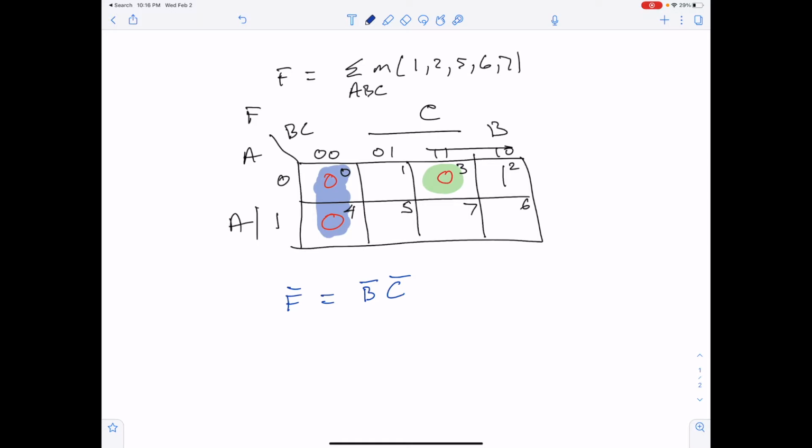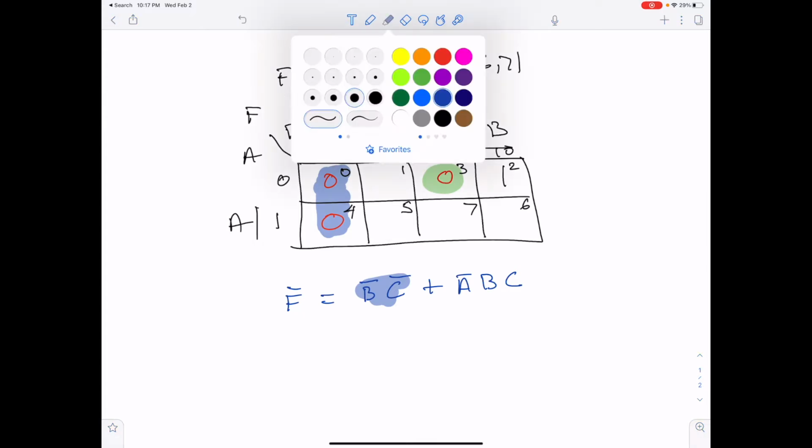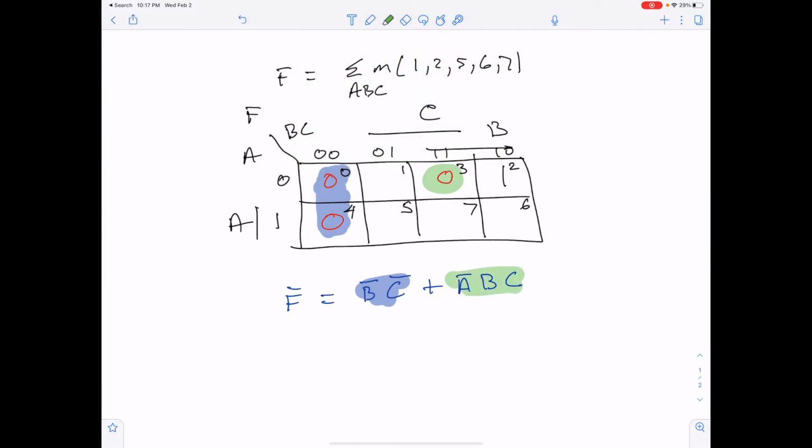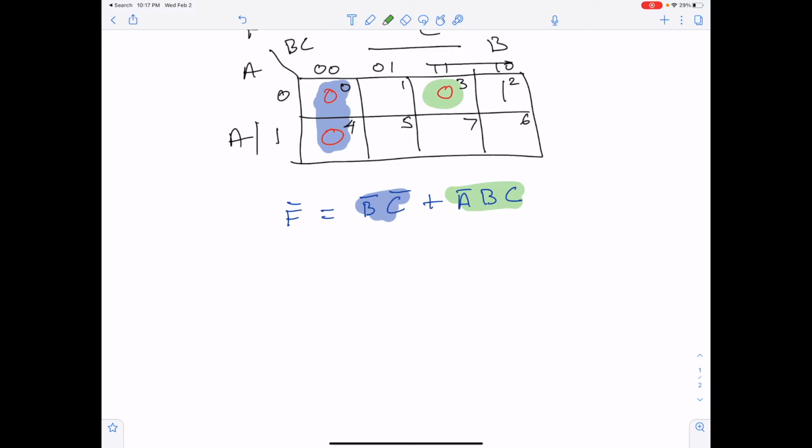That is our blue grouping. Then, to read the green grouping, the grouping of 3, that's outside of A, inside of B, inside of C. All right, so that's our green grouping. Awesome. Okay, so that's F bar.